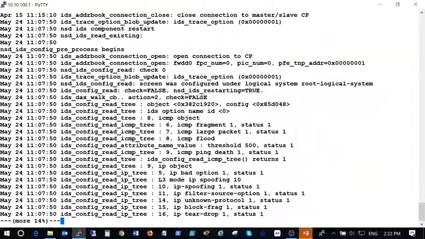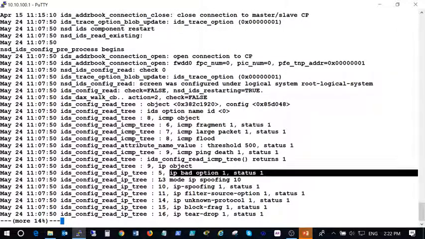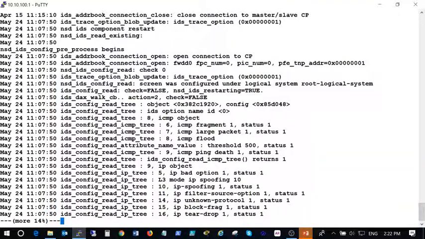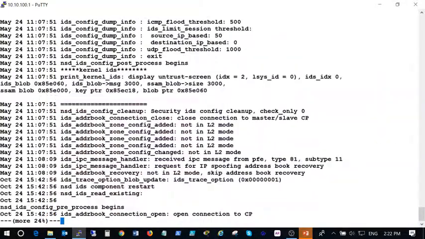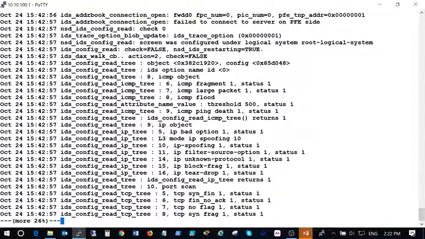We've got a ping of death happening there. We've got some bad options coming through, and a few unknown protocols.